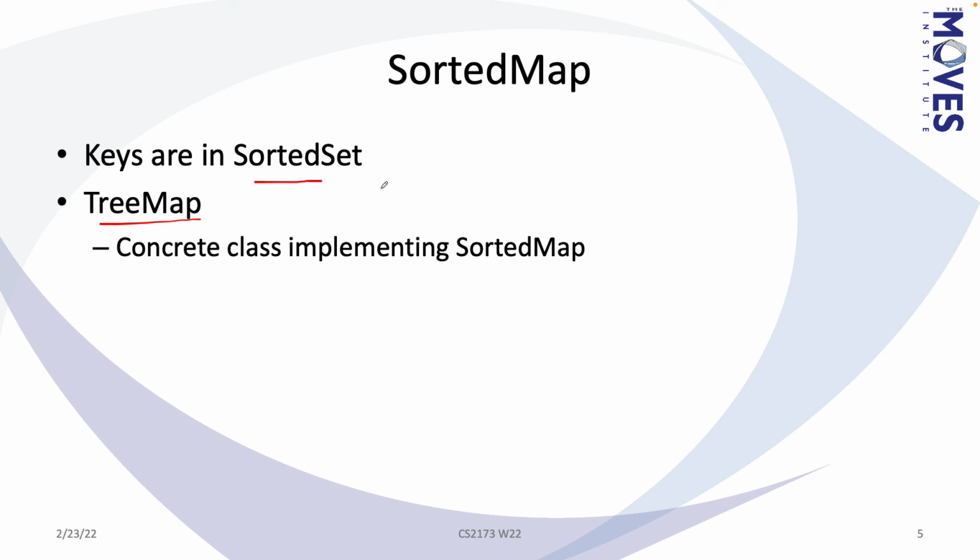So in other words, like these movies, if the database that we're reading them from just doesn't have them necessarily in sorted order the way we want them, but let's say we want to keep it in sorted order according to year, then if we use a tree map with the year as the key, that will keep the years in ascending order.